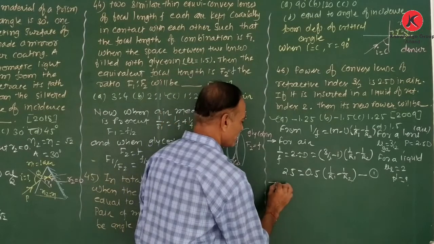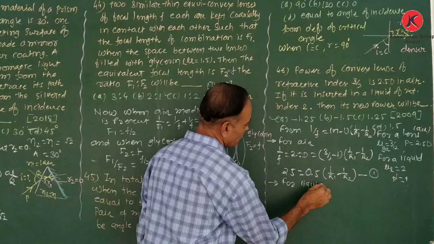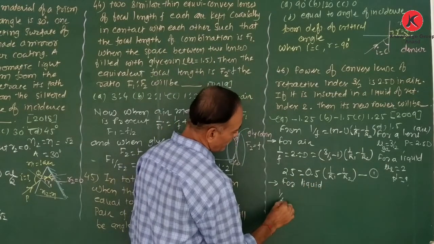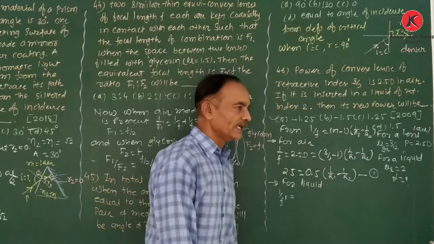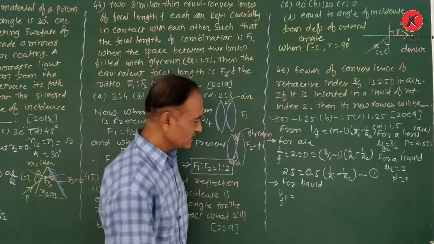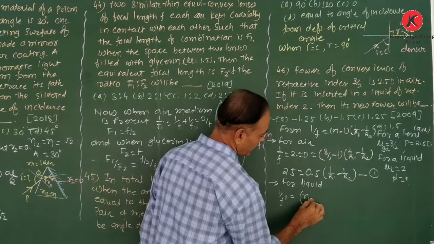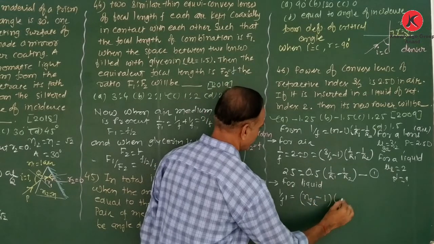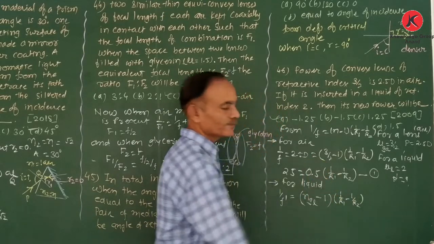Now this lens is immersed in a liquid. At that time, we have to find out the focal length for the new power. 1 upon f dash is equal to, now listen, here the effective index of the lens glass with respect to liquid minus 1, into 1 upon R1 minus 1 upon R2.